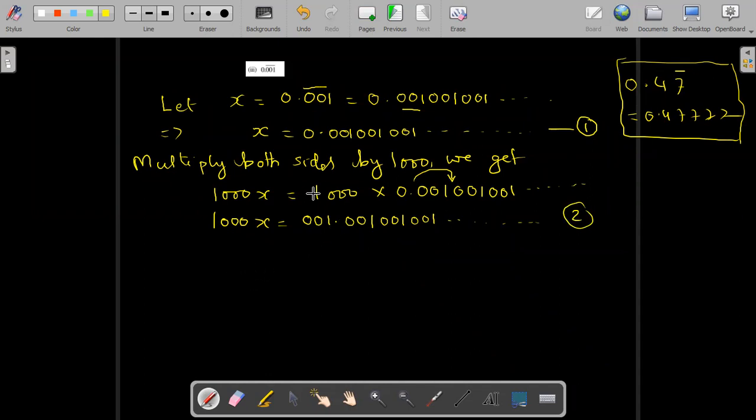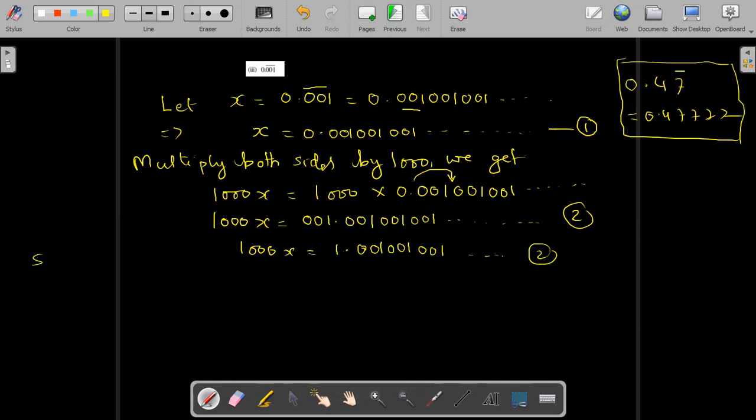Before the decimal, 001 means 1, no need to write 001. So 1000x is equal to 1.001001, but after the decimal we cannot remove the zeros. So this is our equation number 2.